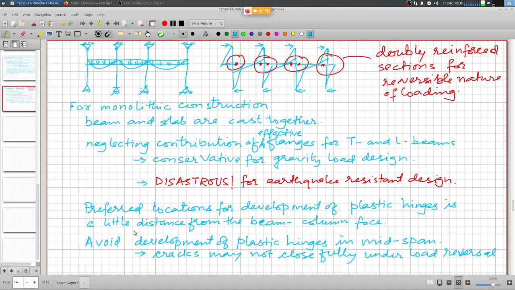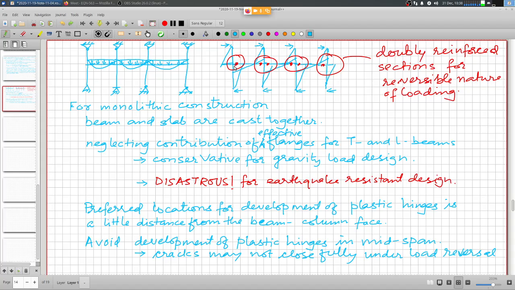So that is why it is better to avoid development of plastic hinges in the middle of the span, where there is very little moment due to the earthquake load.